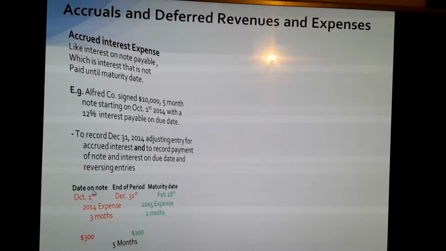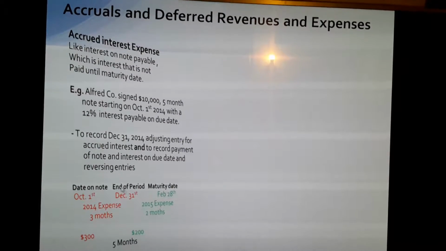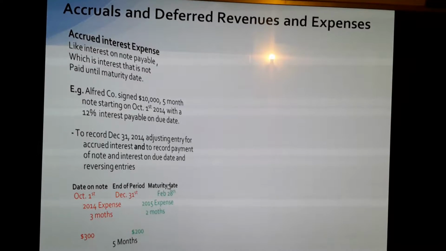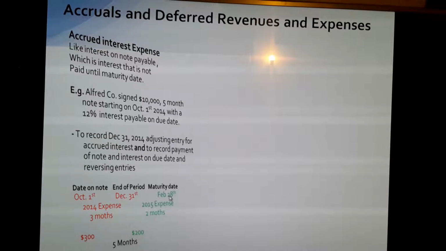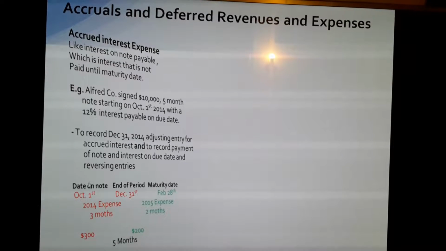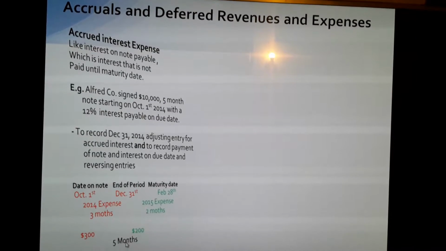The date of the note was October 1st. The end of period was December 31st. The maturity date was February 28th. If you count from October 1st to February 28, that is 5 months.